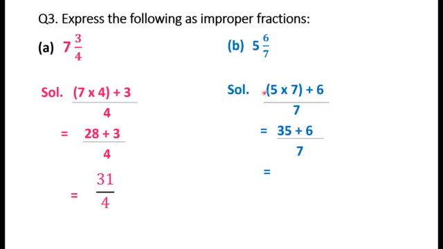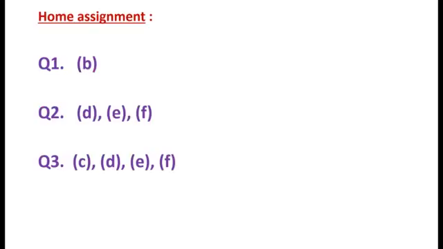So we will be writing 5 into 7, 35, plus 6 as it is, divided by 7, the denominator. Okay, and then 35 plus 6 is 41 and the denominator we have written as it is. So our answer is 41 by 7. The improper fraction we have got is 41 by 7.